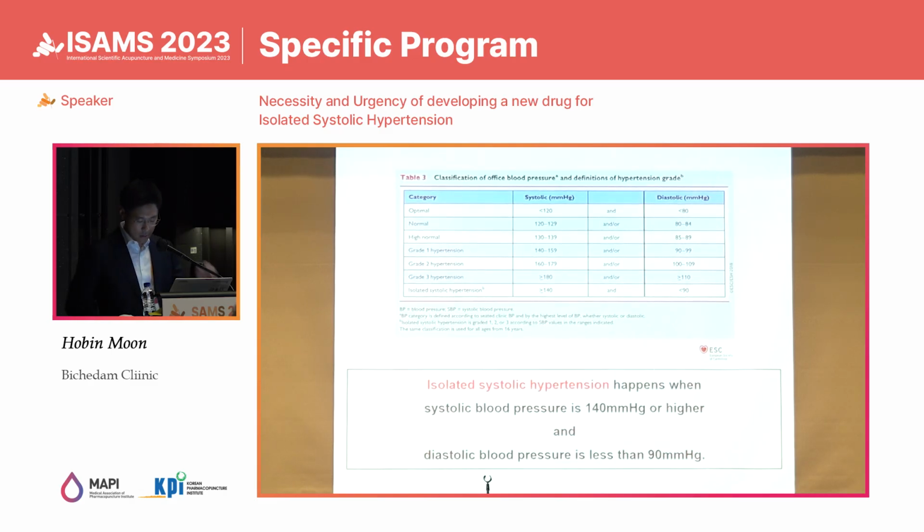In general, hypertension is high in both systolic and diastolic blood pressure, but isolated systolic hypertension is unusually high in systolic blood pressure and rather low diastolic blood pressure. More precisely, when systolic blood pressure is above 140 and diastolic blood pressure is below 90, it is classified as isolated systolic hypertension.